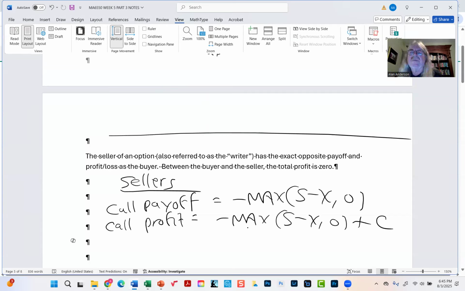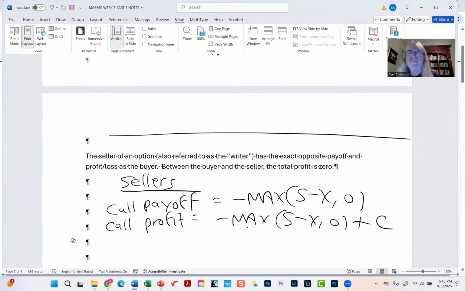So in a way, it's kind of like the position of an insurance company because they collect your premiums, and the best thing that can happen to them is that nobody ever has an accident. If they do, they have to give you a pretty hefty payout. So it's kind of the same thing here. As long as nobody exercises those options, the sellers can do very well. But once they do, they can lose a lot of money.